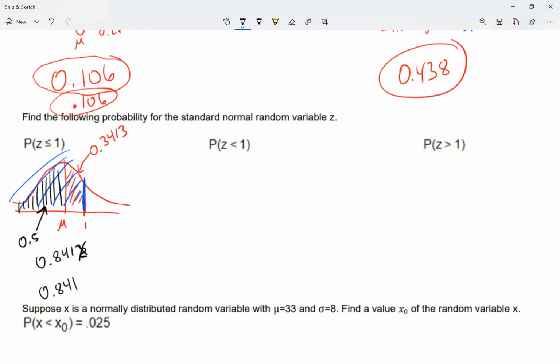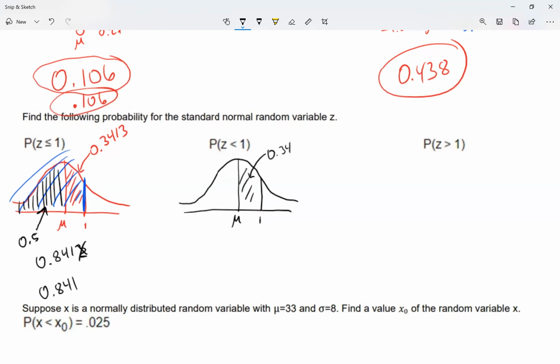Now, looking at our next question, what's the probability that z is less than 1? So here's my mu, here's my 1. Pretty sure if I go check the chart, it's going to tell me this section right here is 0.3413, and I know this other section right here is 0.5. Now in reality, it looks like the question that we just did.